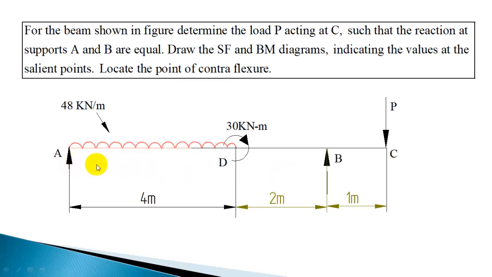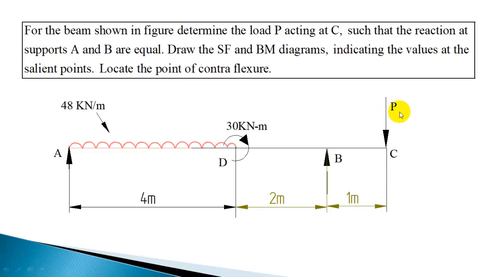This beam is supported at A and B and is subjected to a UDL of intensity 48 kN per meter and a couple of 30 kN meter. At point C there is a load, the magnitude of which is unknown.